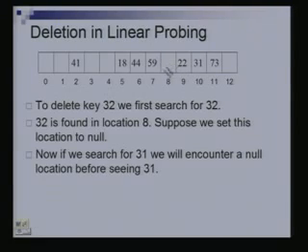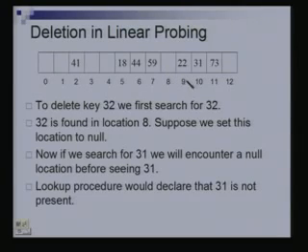But once you delete this, then you have a problem. So somehow we have to do something different here. We can't just set this location to null. We can't just mark this location empty. So lookup will declare that 31 is not present, which is wrong. Everyone with me?